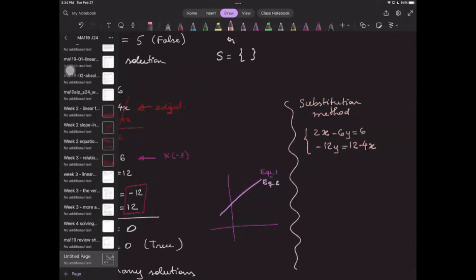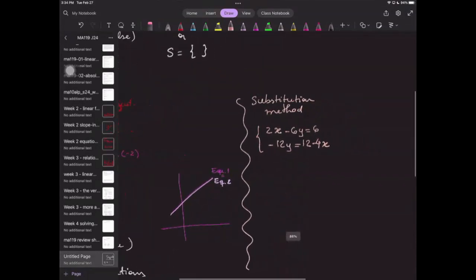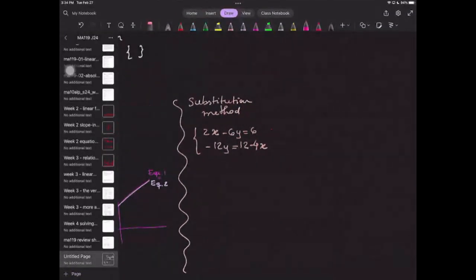So it means I need to isolate one of the variables, as I mentioned. Variable x, we're going to isolate x in the first equation. That means I have 2x minus 6y equals 6. To isolate x means get rid of 6y by adding that on both sides.